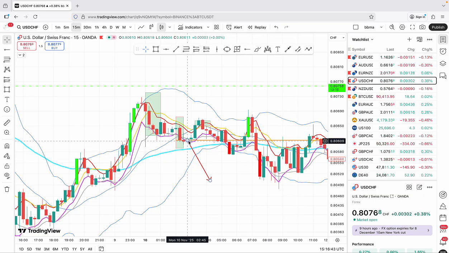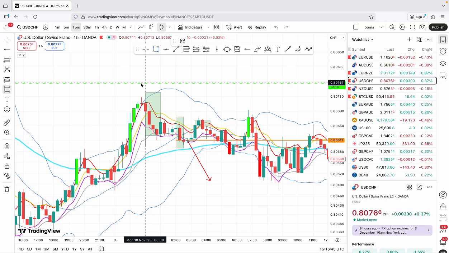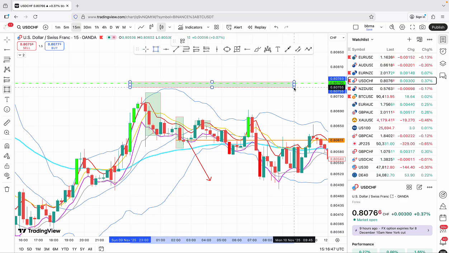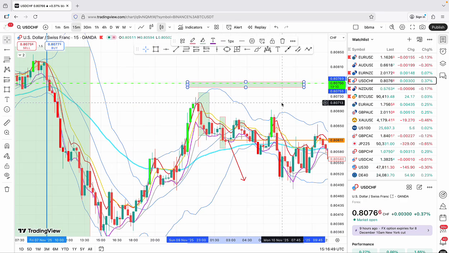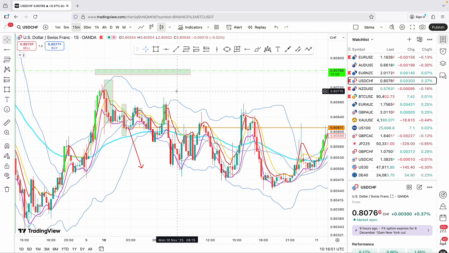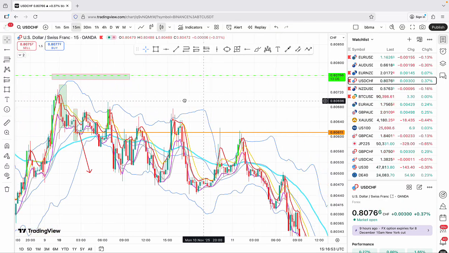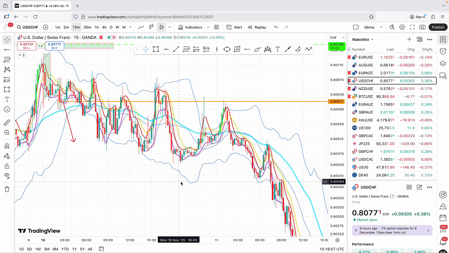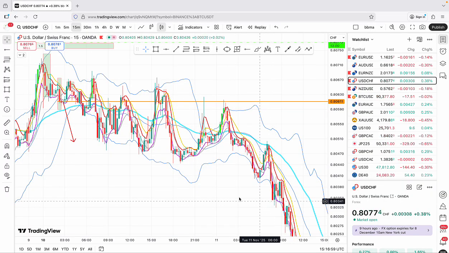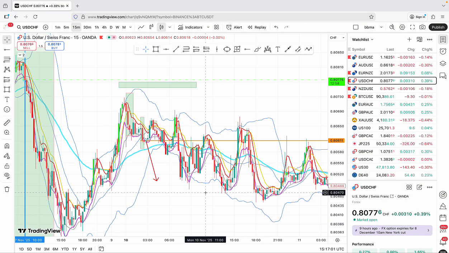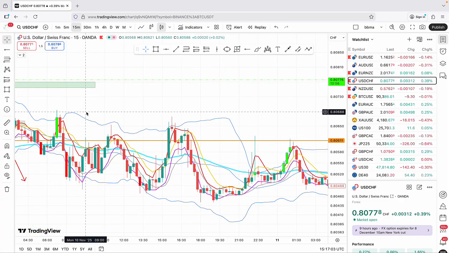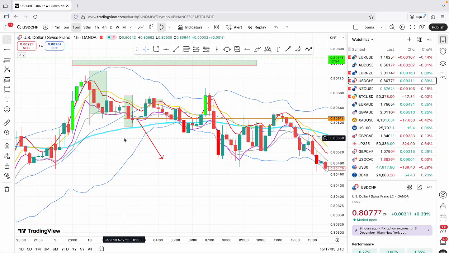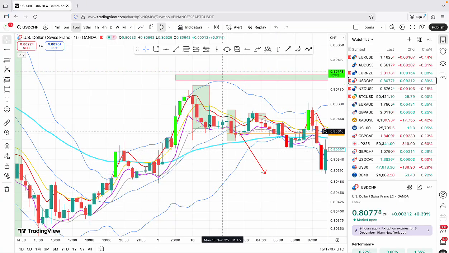This is your entry and this is your SL, top BB. You can see over here, it gives a great move. It took a bit of time, but it gives a great move. If you hold, it gives a great move. This is the way to apply confirmation.